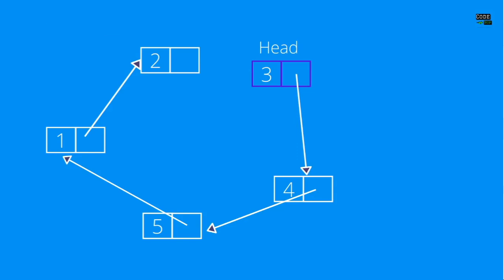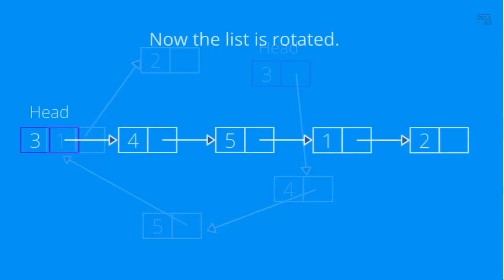Now it's a singly linked list and it's rotated to the right about two times. First it looked like 1, 2, 3, 4, 5, and now it looks like 3, 4, 5, 1, 2. So it rotated. This is the algorithm that we're going to use.